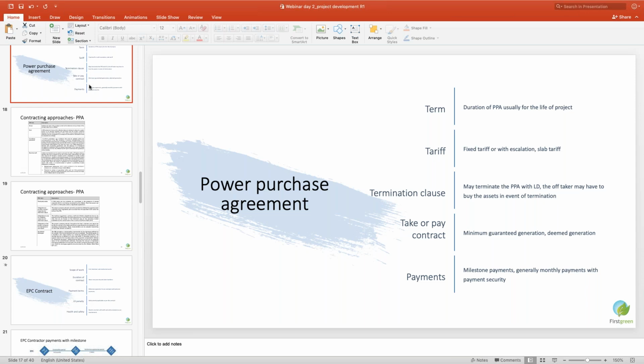Another important factor which everybody is concerned about in the PPA is what are the guarantees for my payments. So payment security: for example, all the SECI PPAs have guarantees from SECI and subsequently from the Government of India. It is the same in NVVN and NTPC PPAs, but not in state government PPAs.